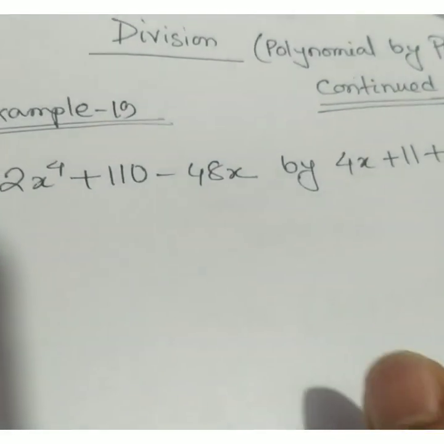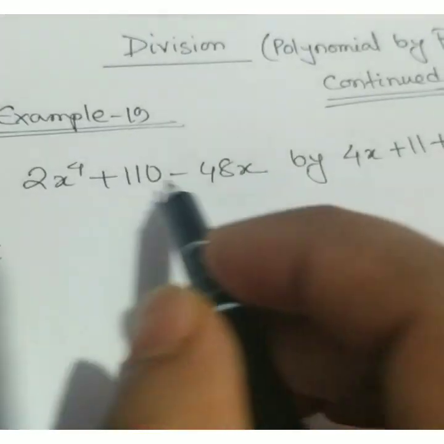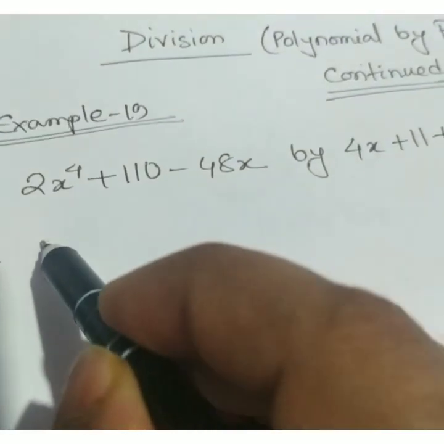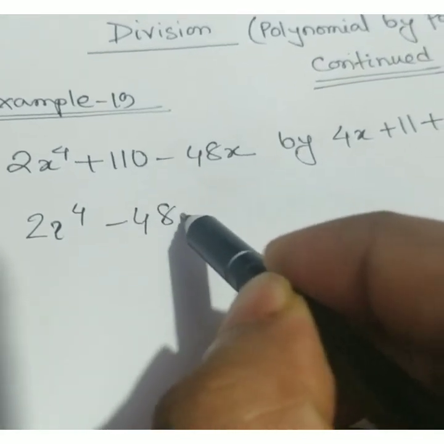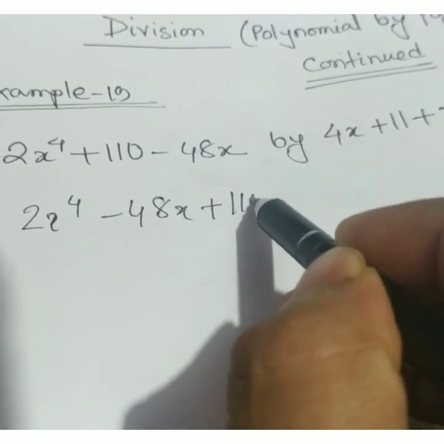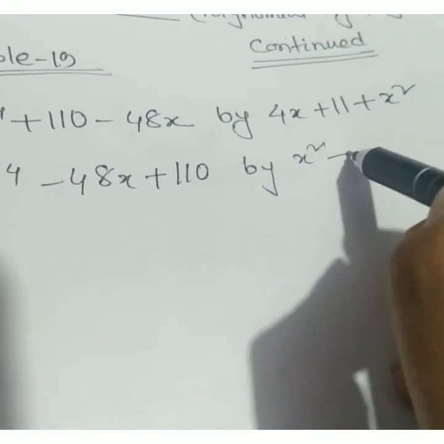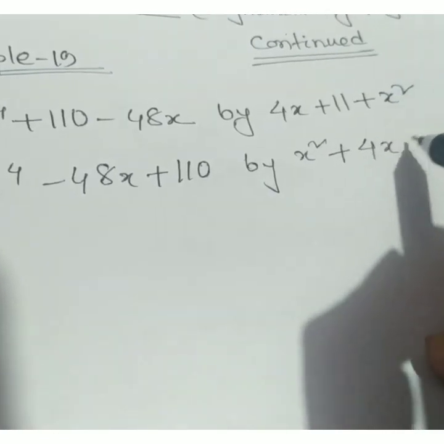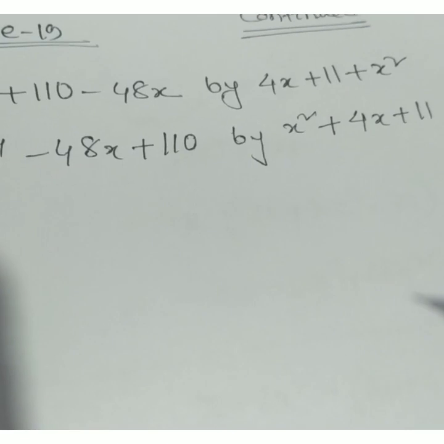So before starting division, we need to arrange them in descending power of x. So it becomes 2x4 minus 48x plus 110 by x square plus 4x plus 11. So now we can start division.